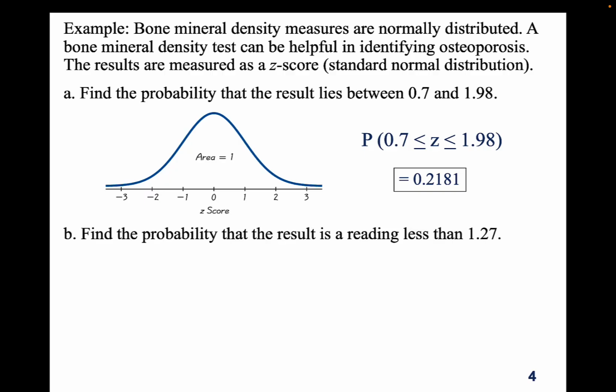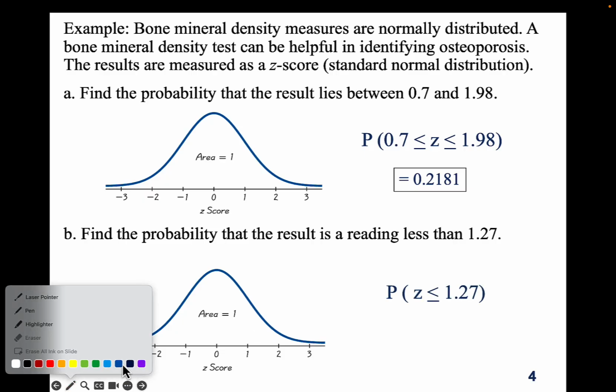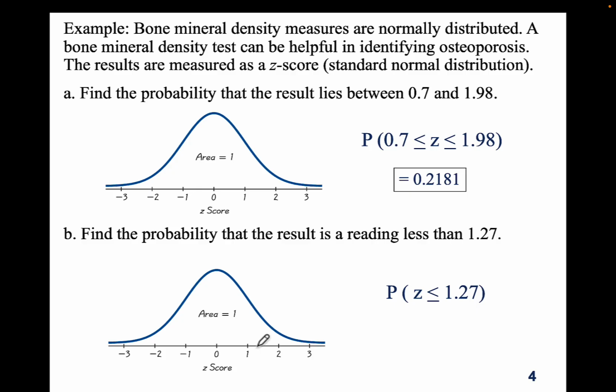Find the probability that the result is a reading less than 1.27. Okay, so we're going to put a mark at 1.27. So maybe about here.